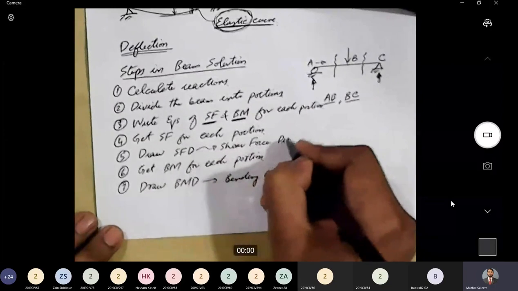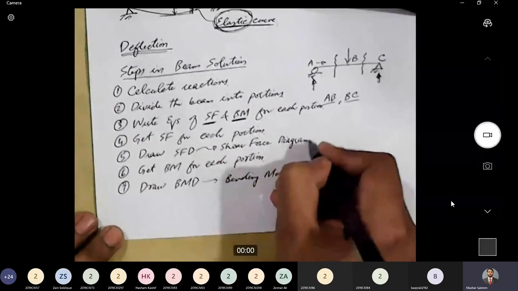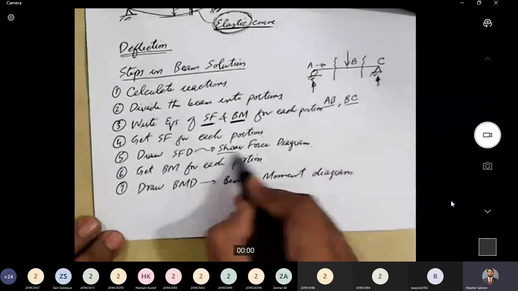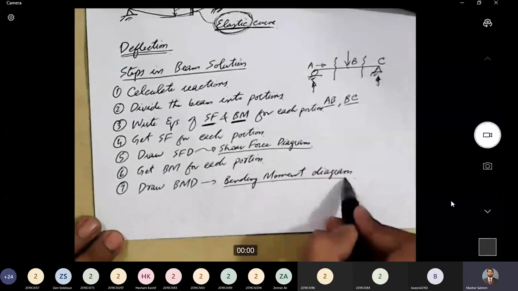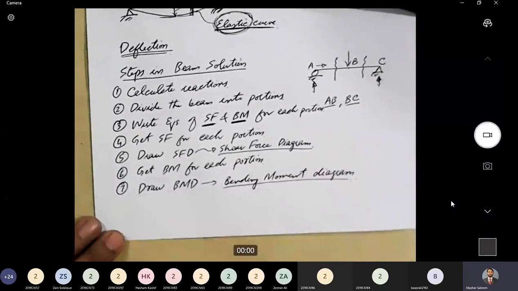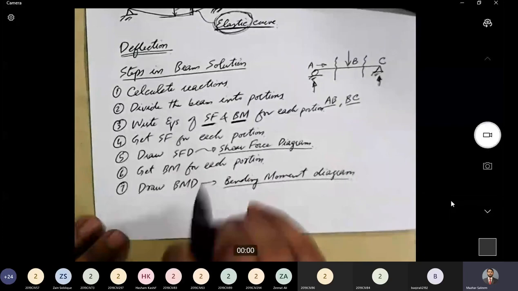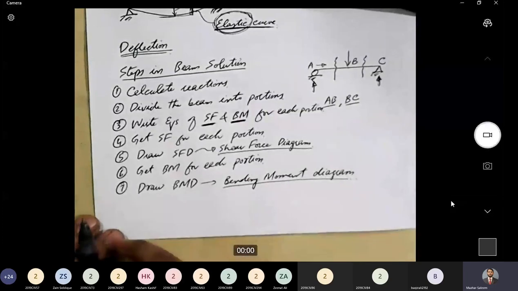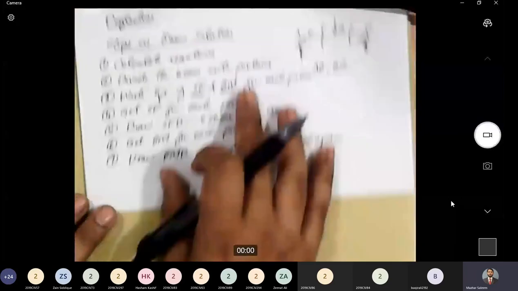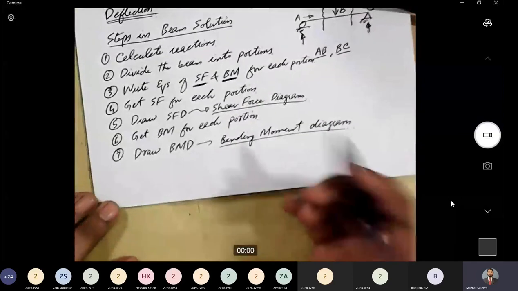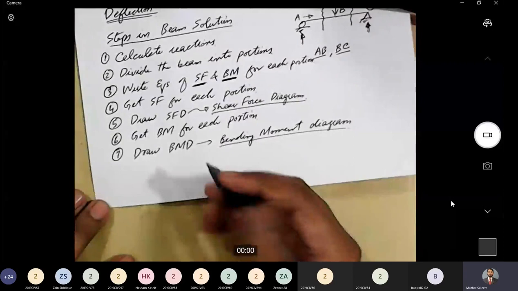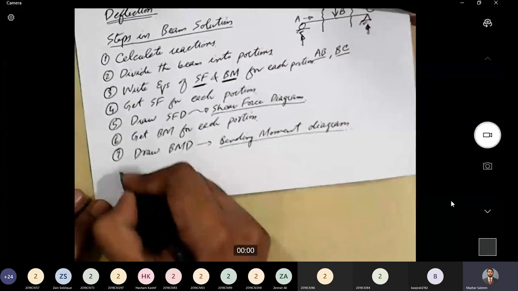We will be drawing a lot of shear force diagrams and bending moment diagrams in this course, and in maybe a lot of courses that you will study in future. So this knowledge is something that's going to go along with you for a long time.